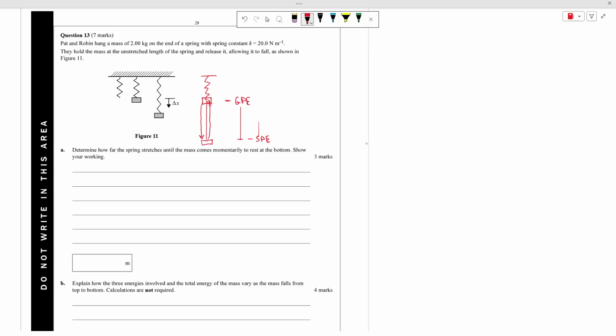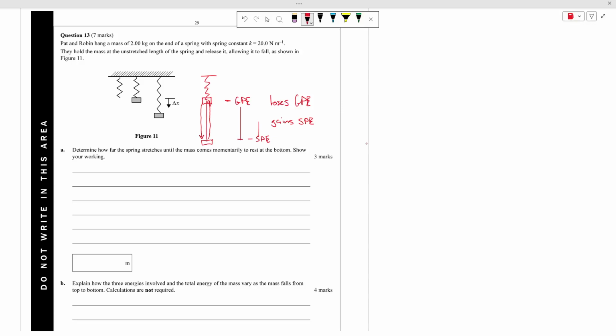That is now all spring potential energy. Okay. So during this interaction where it's traveled from this position down to the bottom, it loses gravitational potential energy, but it gains the same amount of spring potential energy. Okay? So that's how we're going to answer this question.